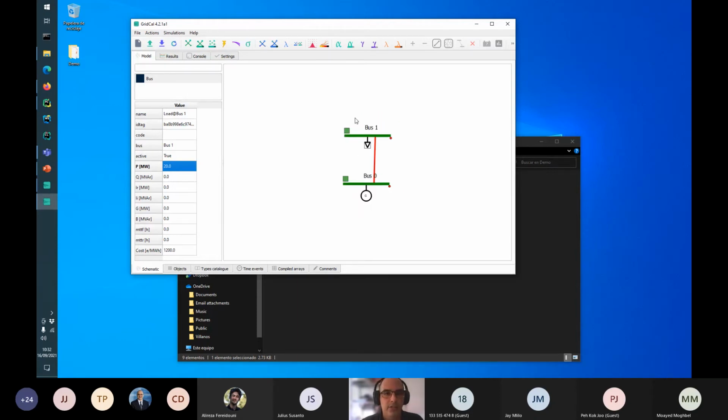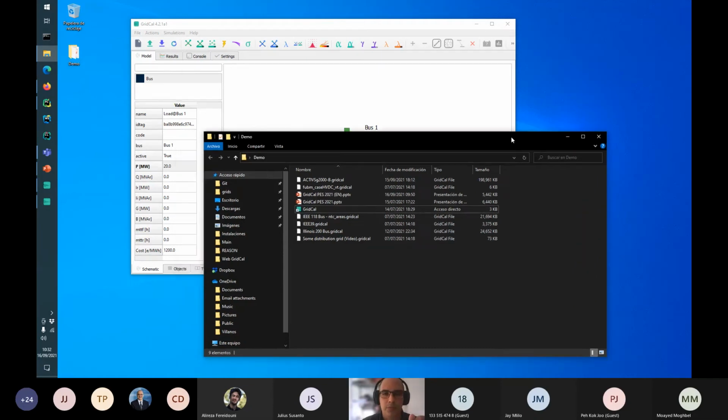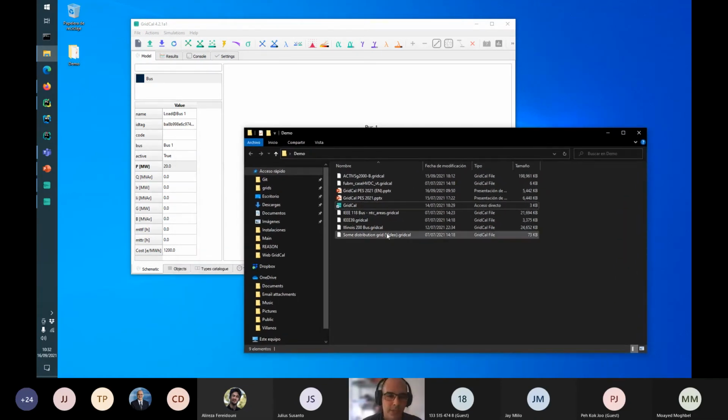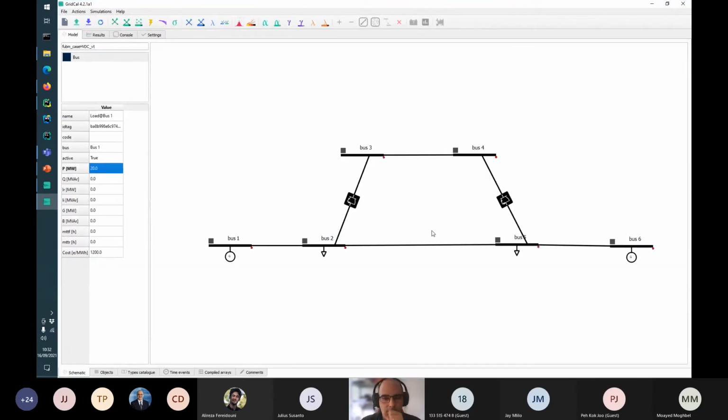And like this, you start writing and creating the grid, and eventually you end up with something more complicated, but I'm going to do it in steps in this demo. So, in 2019, but it took about a year to figure out, I started investigating how to do AC and DC power flows at the same time.